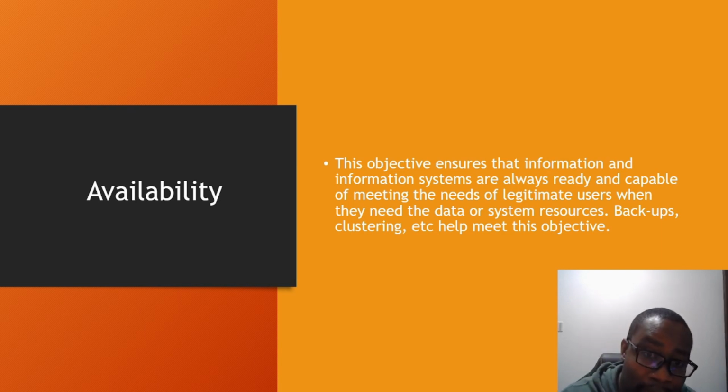So availability, i.e. having backups of data, having clusters of data, will help banks or other organizations that use IT systems if, say, they get hit with ransomware. Someone hacks them and says, we're holding your information hostage and you've got to give us 100 Bitcoins to get it back. The availability of that banking system or whatever IT organization is going to be down.